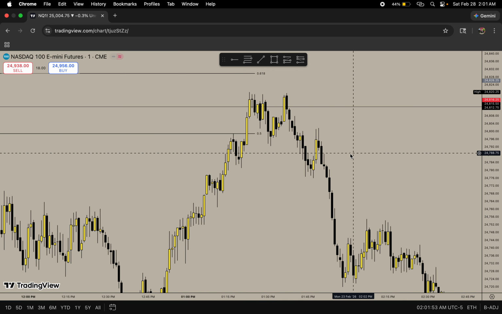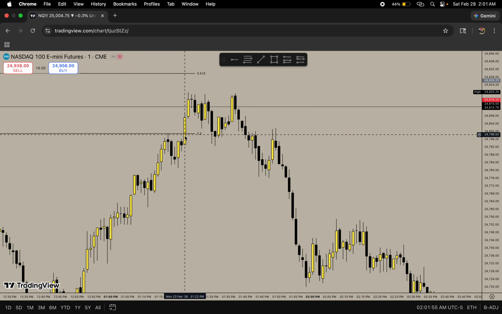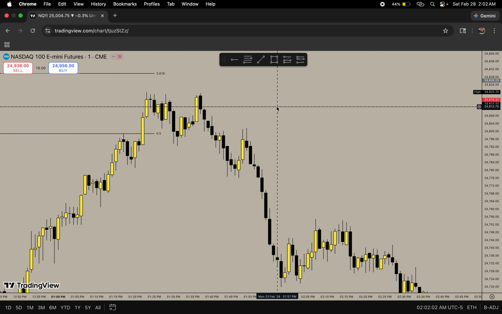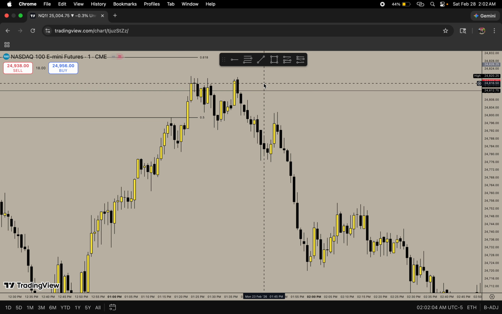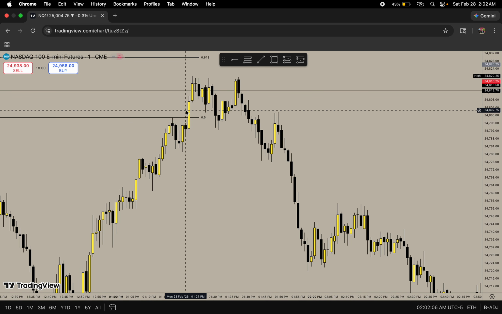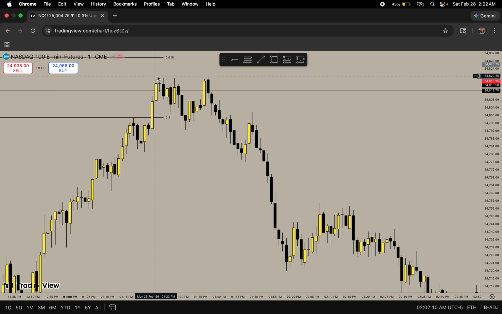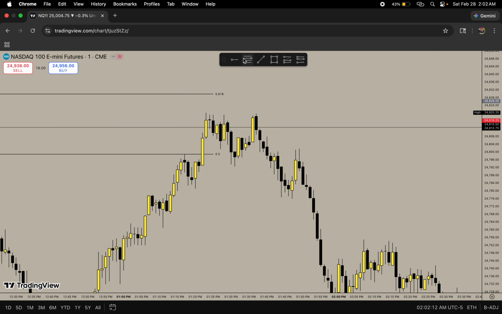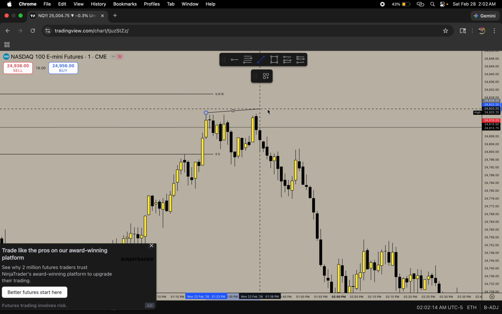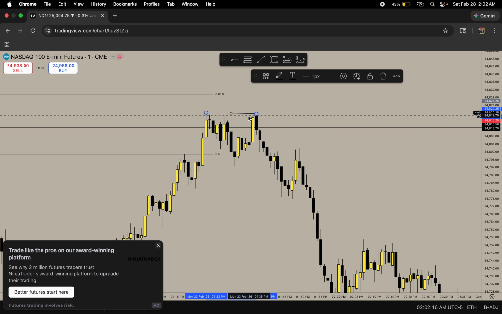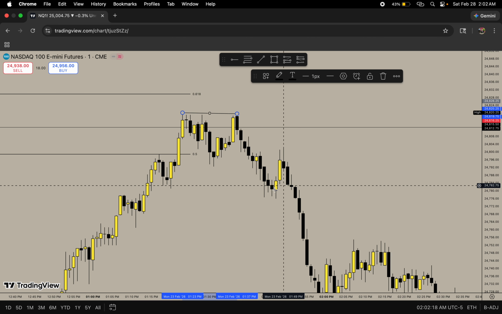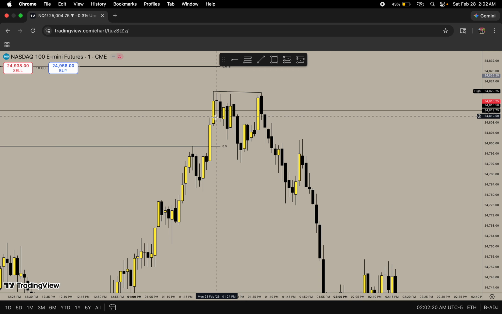Okay, in this case, this is the high. What can you find here? This is the high that taps into this gap. Is this a high? I'm pretty sure this day had an SMT here between ES and NQ.